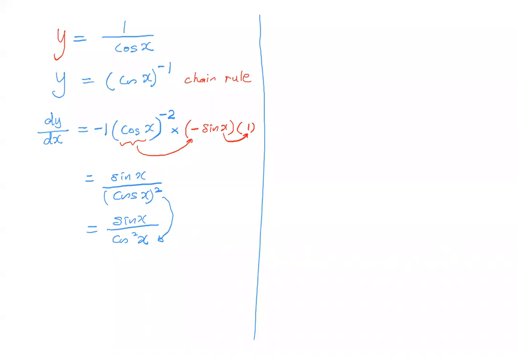If I give you y equal to cos square x plus sin square x, this means cos x, the whole thing squared, plus sin x, the whole thing squared. So you have to use chain rule for both to get the answer.